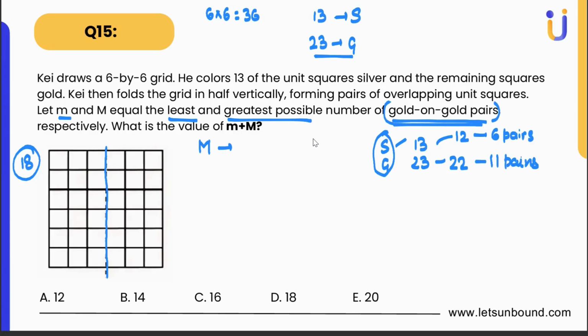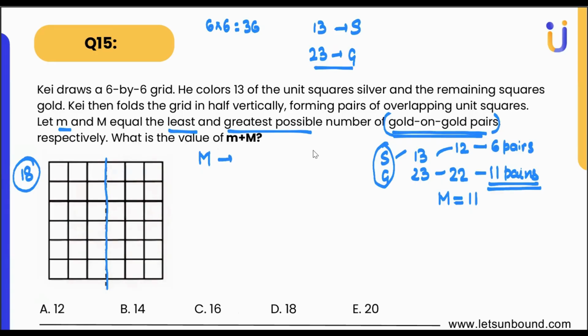I haven't used any gold anywhere else except for that one extra that has been used with one silver. So there are 6 pairs of silver, 11 pairs of gold, and one silver-gold pair, which means 11 pairs is the maximum value you can get for a gold pair, because you haven't used any other gold to make a silver-gold pair.